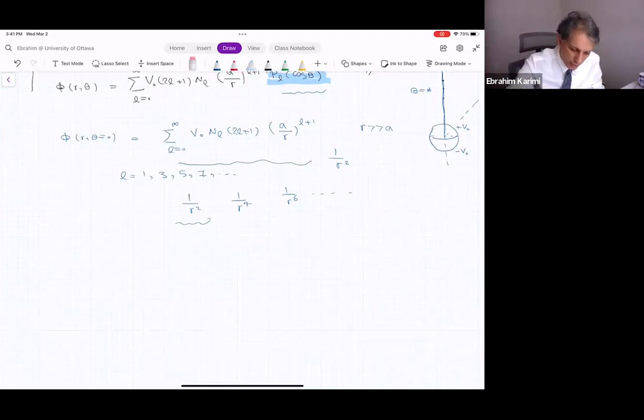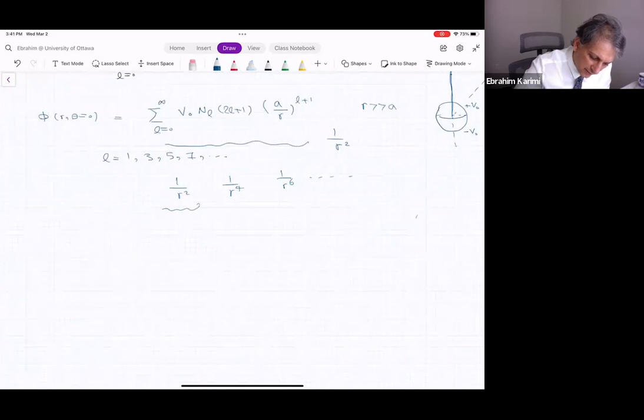Now I am giving you another problem in which the potential on the surface of the sphere has a specific functionality: phi at r equal to a, for any theta and phi, is given by cosine of theta.